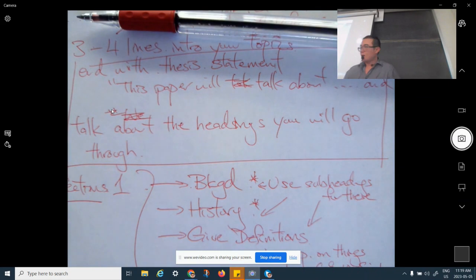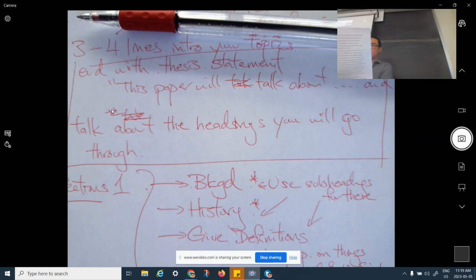Okay, another paper here. Where is this thesis statement? Oh yeah. So this one talks about CRISPR.